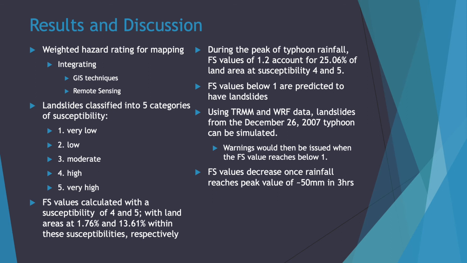But during peak typhoon rainfall, 25.06% of land area with susceptibilities of 4 and 5 had FS values of 1.2, in which FS values below 1 are usually predicted to have landslides. By using the WRF and NASA's TRMM data, landslides from the December 26, 2007 typhoon can be simulated, in which warnings would be issued when FS values fall below 1.